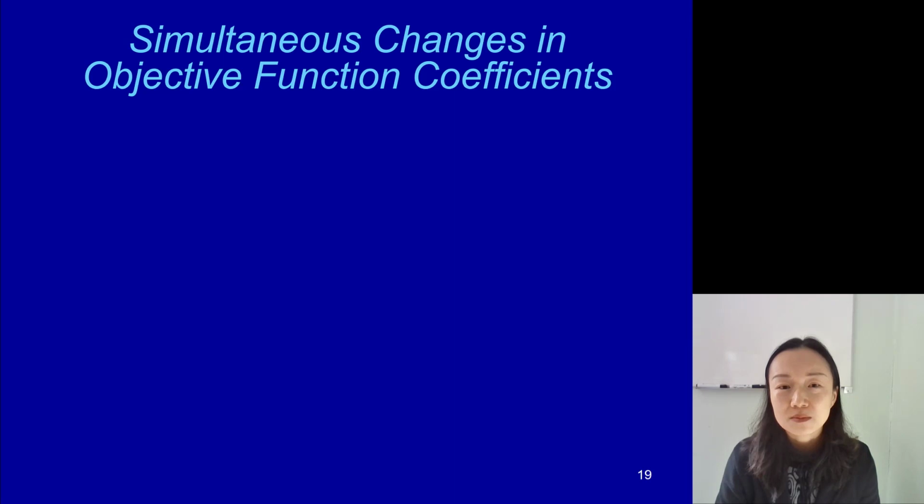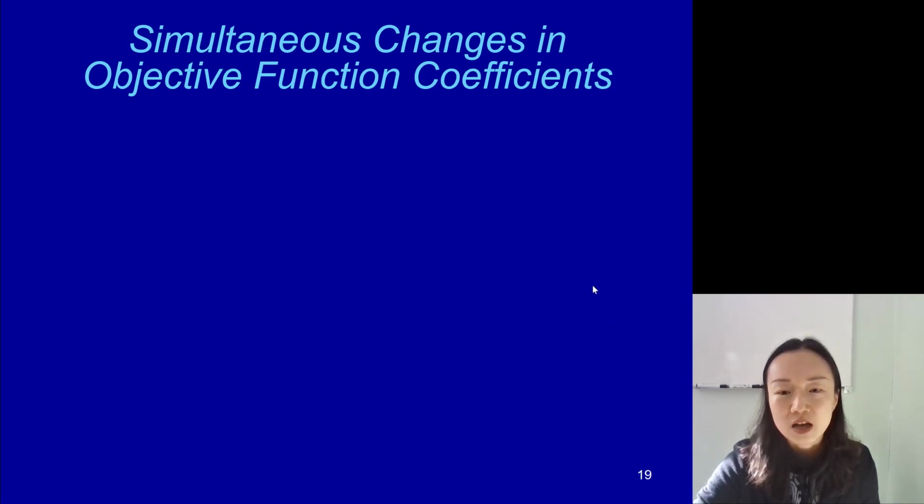Okay, but sometimes we may be interested in knowing what about both unit profits change? What happens? Can we get some information from the sensitivity reports on simultaneous changes in the objective function coefficients?